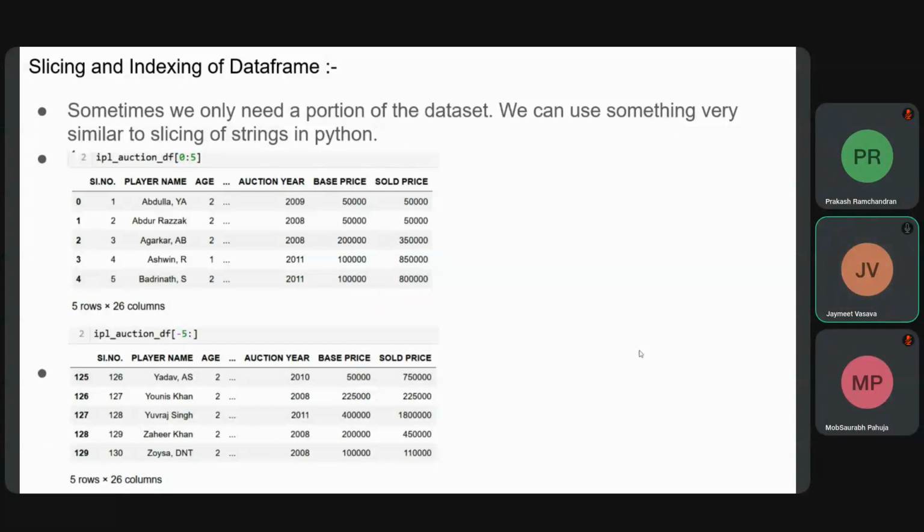So for viewing the first 5 entries, we can simply use 0 separated by a colon and the ending entry. And reverse indexing works as well. If we use -5 as a starting argument, then we get the last 5 entries of the data set.